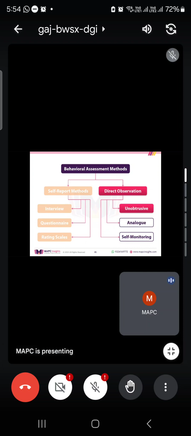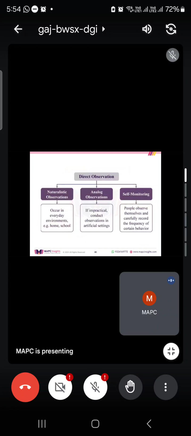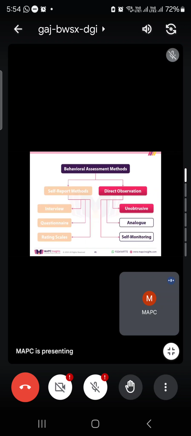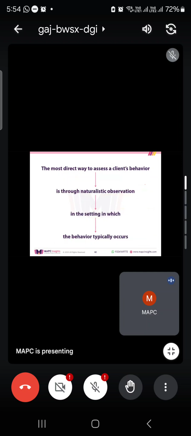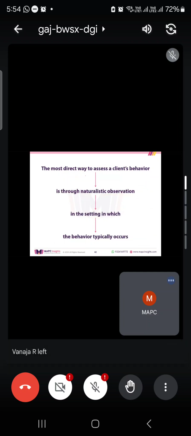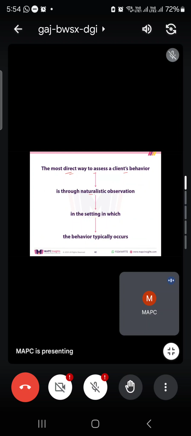Unobtrusive observation, that is also known as natural observation. What here we saw, naturalistic observation is basically unobtrusive observation. The most direct way to assess the client's behavior is through natural observation.